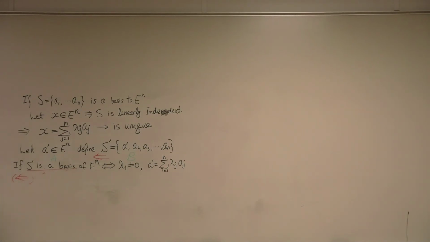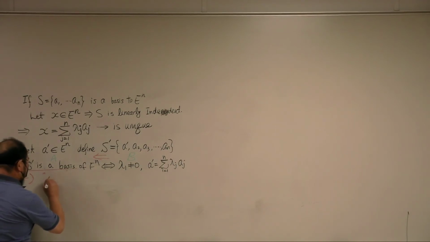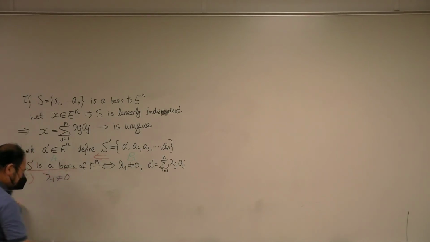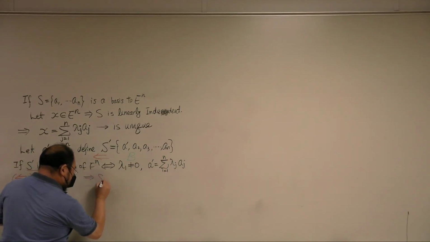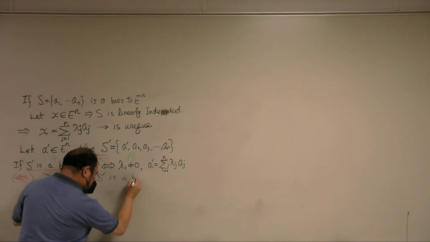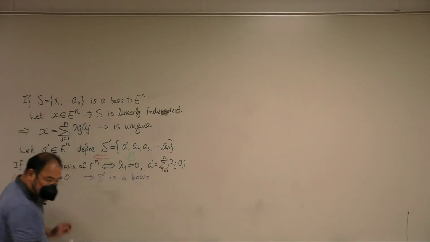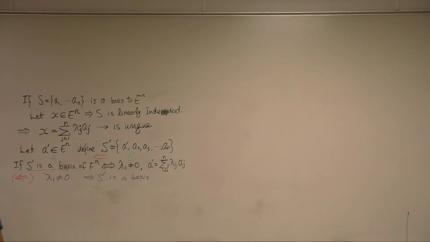True A equals true B, because this means if and only if. I need to prove two directions. So here what do we have? I'll start with true B, which is lambda 1 not equal to 0. So we want to show that S prime is a basis. How's that? Everybody okay?